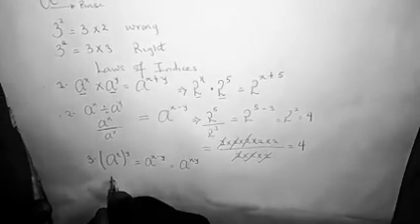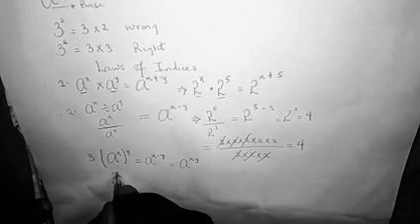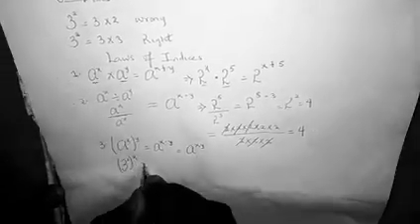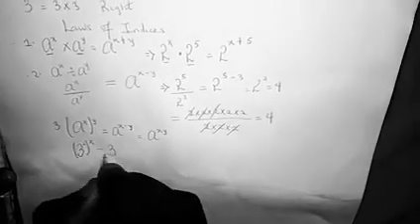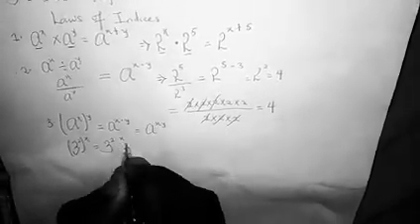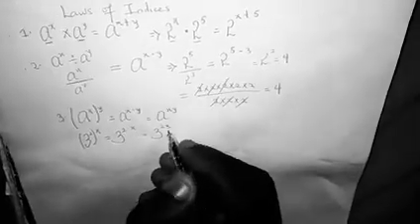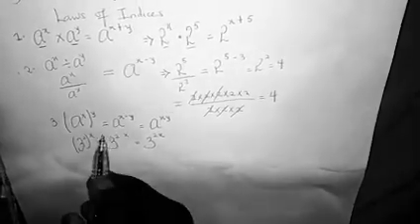Similarly, if I have a question like 3 raised to power 2 raised to power x, that will give me 3 raised to power 2 times x, which is 3 raised to power 2x. Do we get that now? So that is how to go about that.